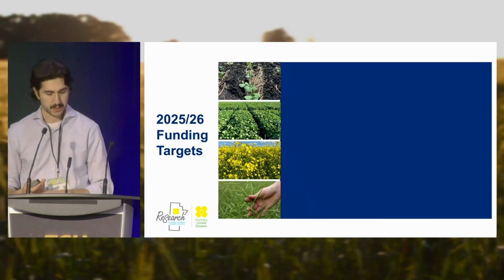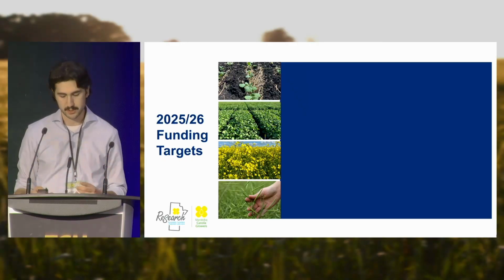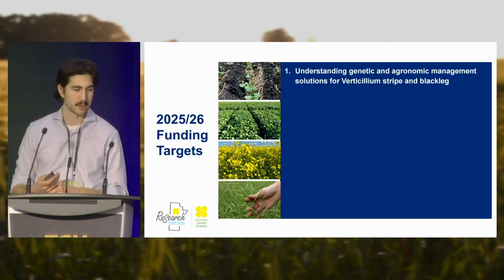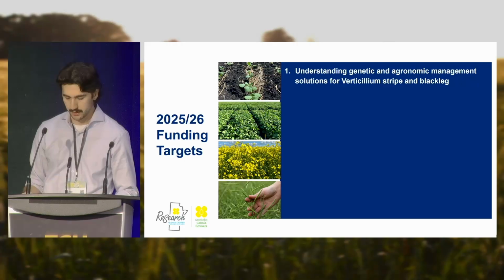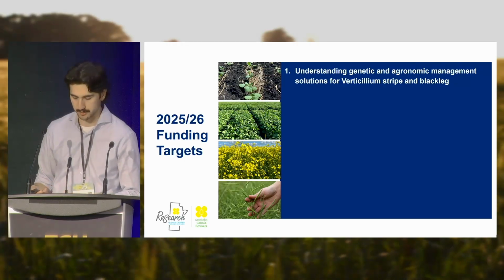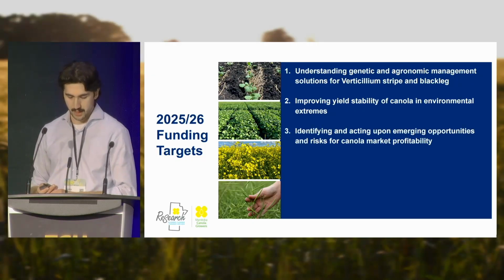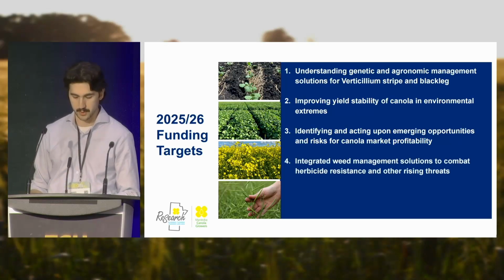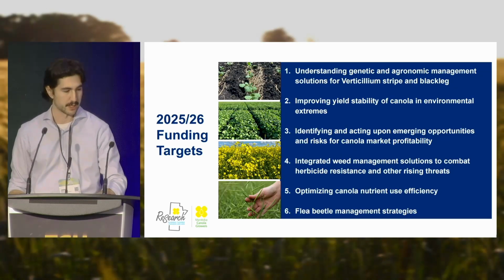Specifically, in 2025 and 2026, with our updated research priorities, we're focusing on things like verticillium stripe and blackleg reaching the top of our priorities as disease has risen in Manitoba. Yield stability in environmental extremes, opportunities and risks in canola market profitability, integrated weed management, nutrient use efficiency, and flea beetle management.